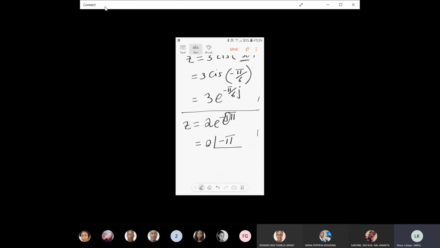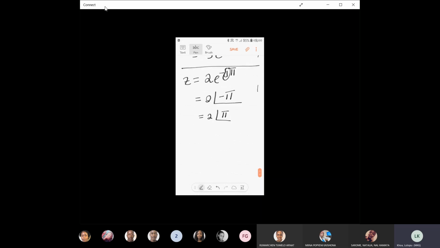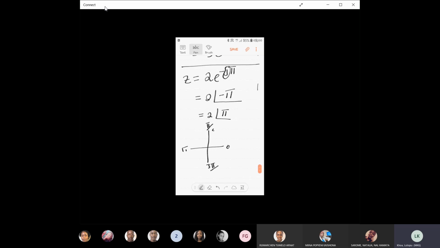Now minus pi and pi are the same because they lie at the same position, so this is just pi. But pi, and with other angles that are at the border of the quadrants, like here 0, 90, let me use radians, pi over 2, pi, and 3 pi over 2.